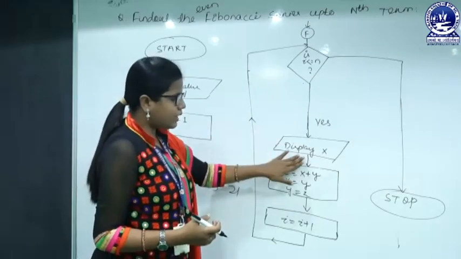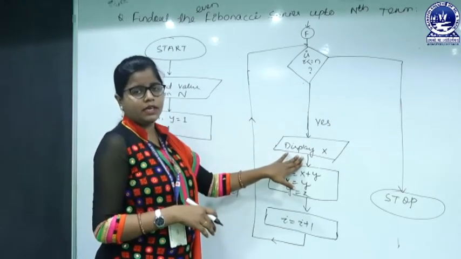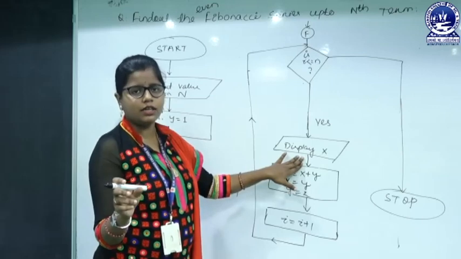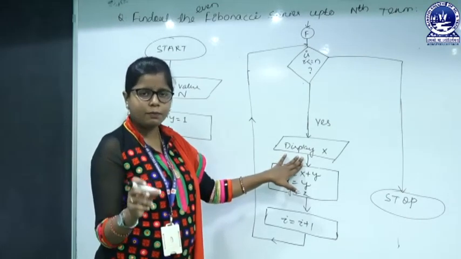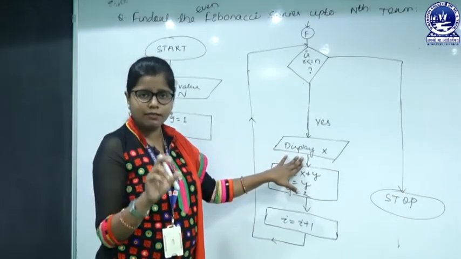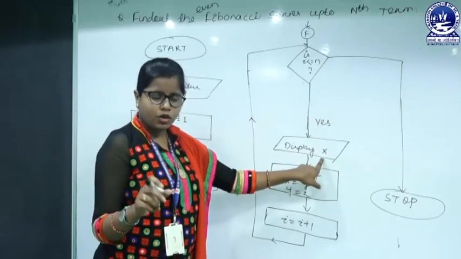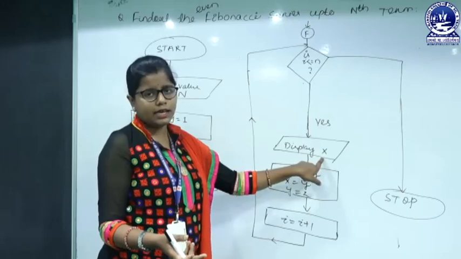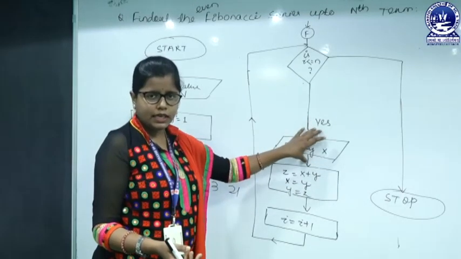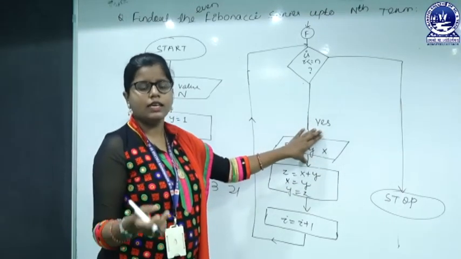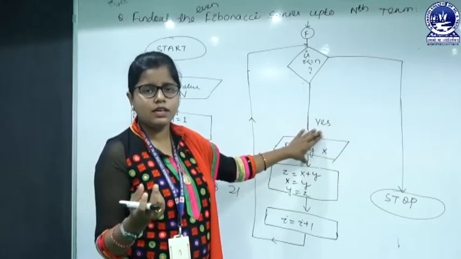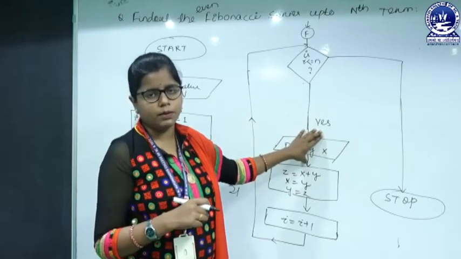So before printing, that means before displaying x, what is the constraint here? The constraint is we have to display only the even Fibonacci numbers. So x is the Fibonacci number. We are going to print the x. So before printing x, we need to check whether the x value is an even number or odd number.